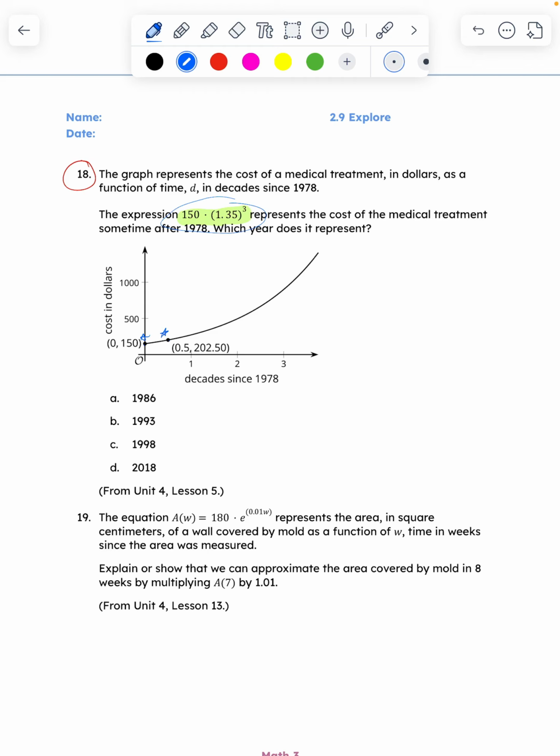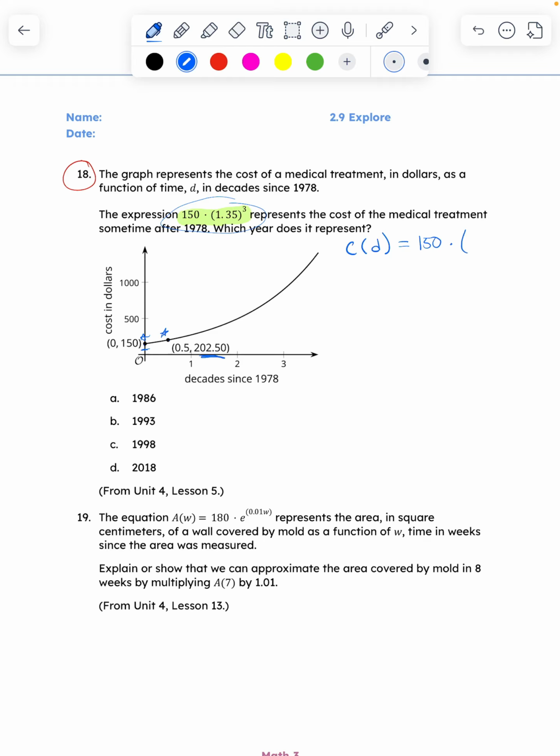Right? Okay, so I'm going to say that cost per decade, or each decade, will equal my starting value, 150. I can see that from this point, times, right? I have another y value, so I'm going to take the quotient, right?